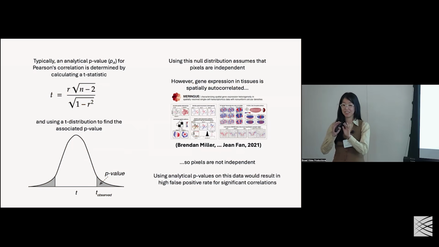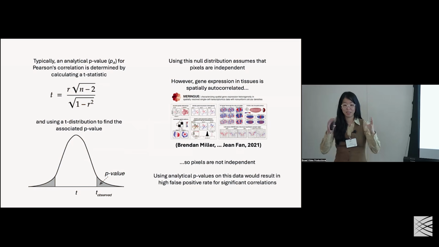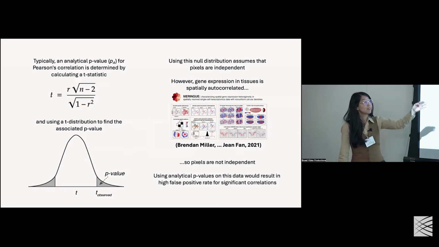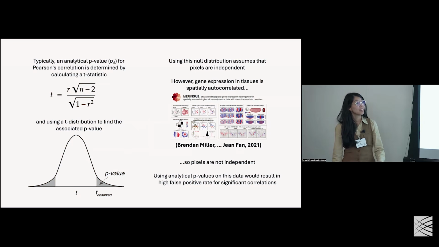The gene expression of one cell is often very similar to that of nearby cells because they're forming coherent tissue units and are coordinated. We can leverage this autocorrelation to identify spatially variable genes, which we've done in our MERINGUE paper previously, and others have also done.